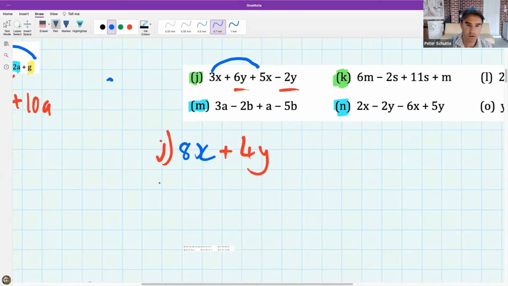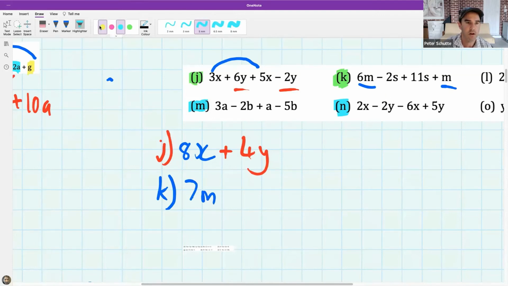All right. So we collect the like terms again. So we say 6n plus n, which becomes 7n, since there's an invisible one. Okay, perfect. And we say negative 2s plus 11s, which is 9s. Okay, this is getting trickier.